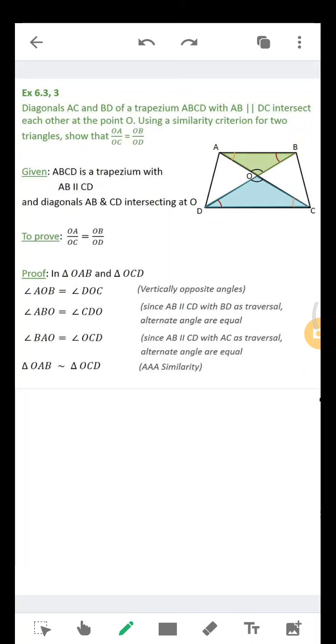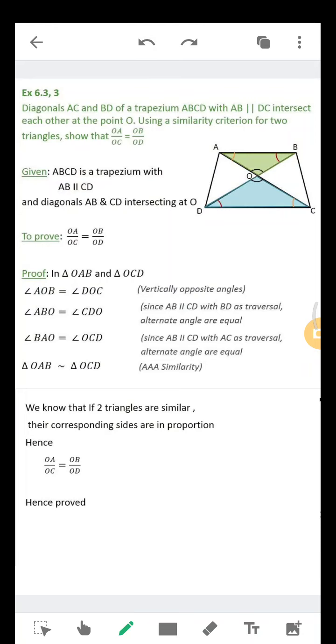When these two triangles are similar, I can write that the corresponding sides are in the same ratio. So how to write corresponding sides? That's very simple. You have to see the name of the triangle. First two letters: OA by OC will be equal to OB by OD.